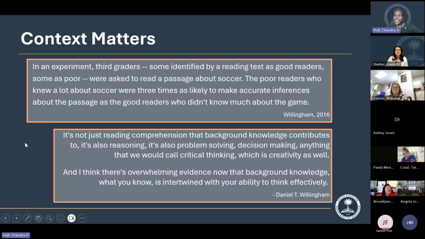Okay. Next strategy, context matters. I'm going to give you a minute to read those quotes, and then we're going to talk about them.